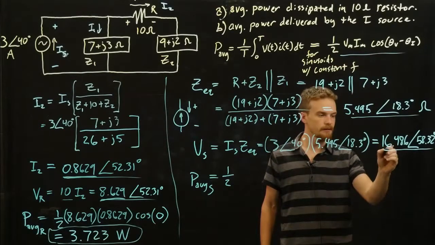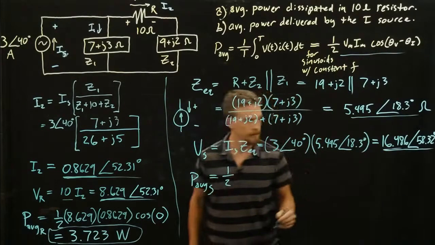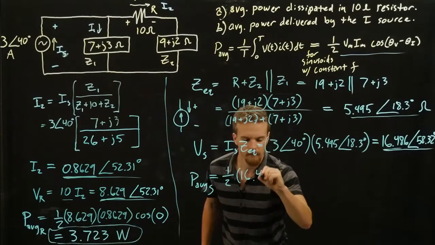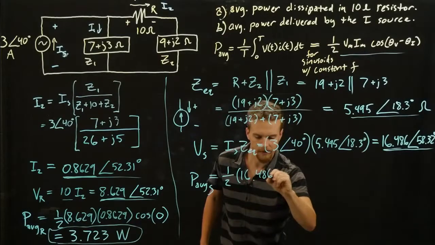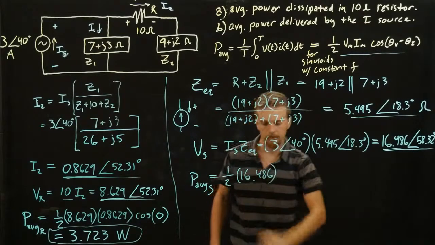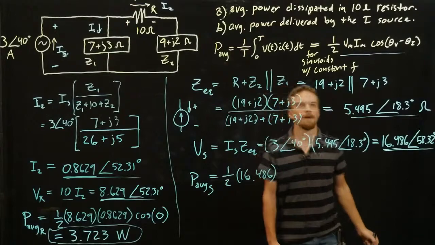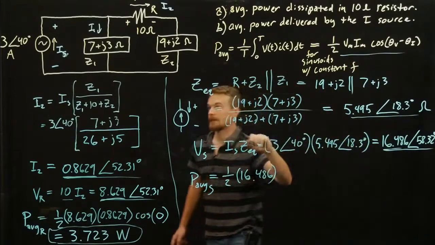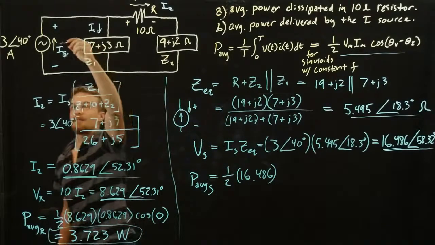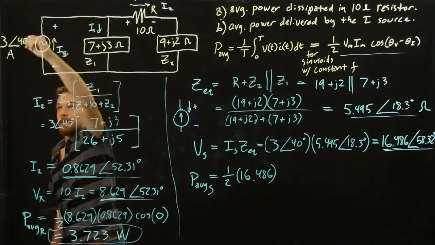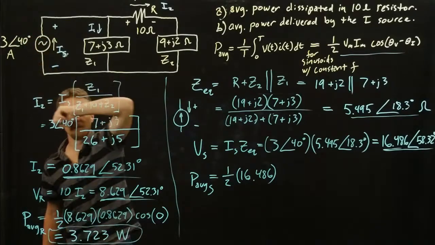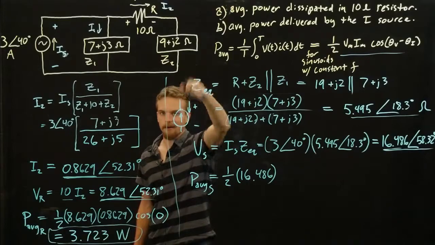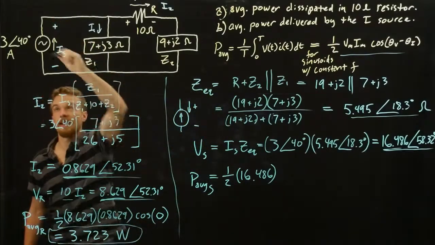V max is the magnitude of this voltage here, 16.486, times I max. But what did we just say about this? We know this source is sending current this way at 3 amps with a phase shift of 40. But for our convention, we want the current coming into the positive terminal. So it's going to be the negative of this.